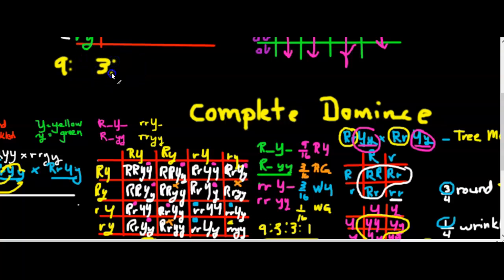And if you remember when we did our chi-square test in the lab book, the last two problems we did were 9 to 3 to 3 to 1 ratio. Now you need to know what this means though.